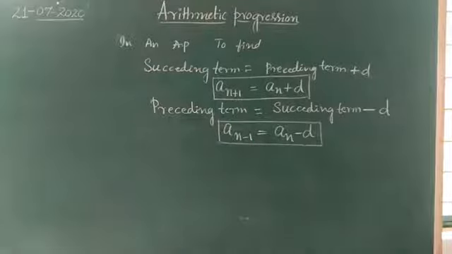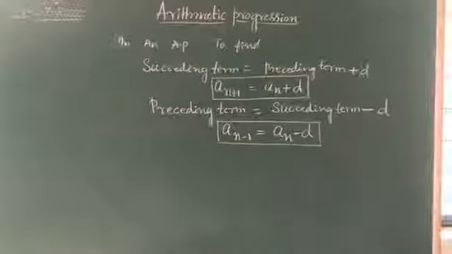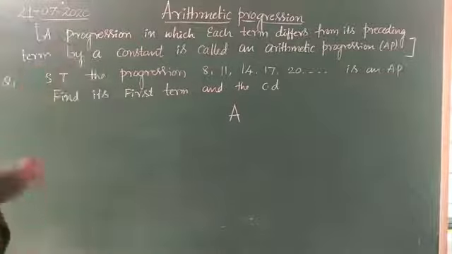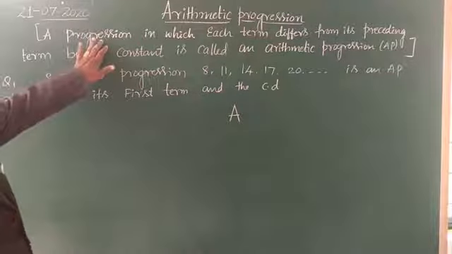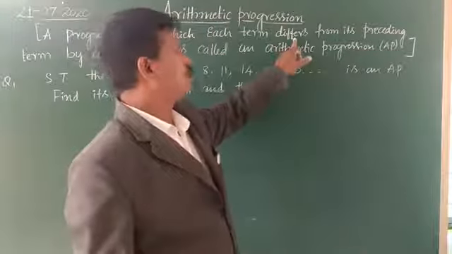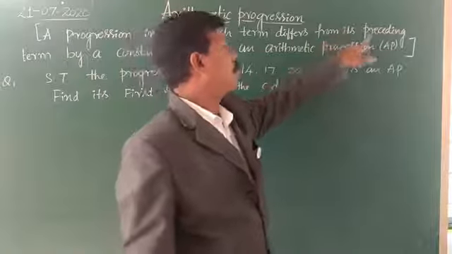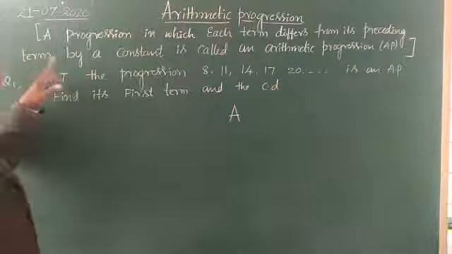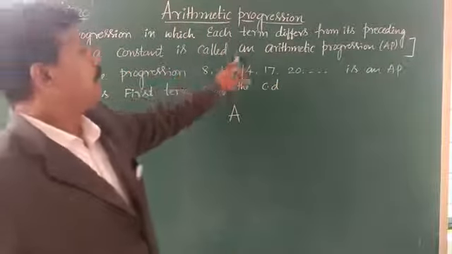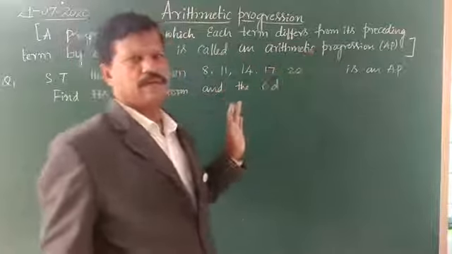Right? Then next we will work out some problems on that. I have written the definition of arithmetic progression. A progression in which each term differs from its preceding term by a constant is called an arithmetic progression.